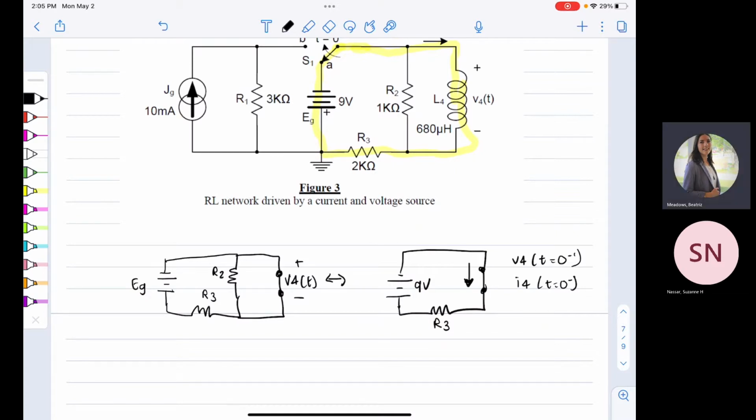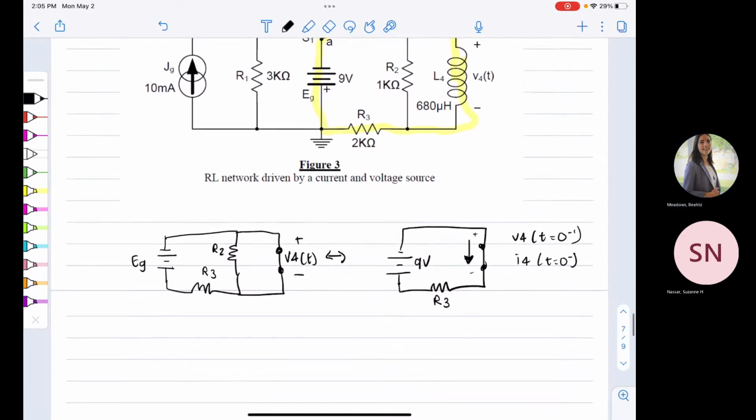Yeah, smart. But we also need to make sure our polarity is right, right? So it will not be 9, right? It will be negative.